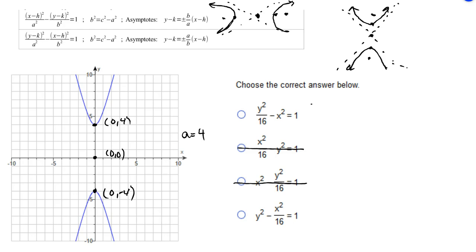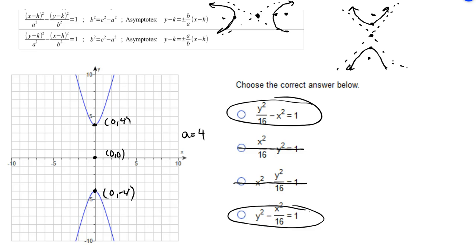Having a vertical orientation is having that y term being positive. And then A is going to be determined by the denominator under that y term. So our answer for this one will be y squared over 16 minus x squared equals 1. And that's because our value of A was 4, and that 4 squared is 16 under that denominator.